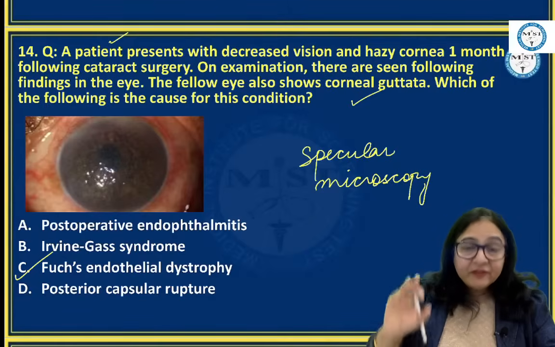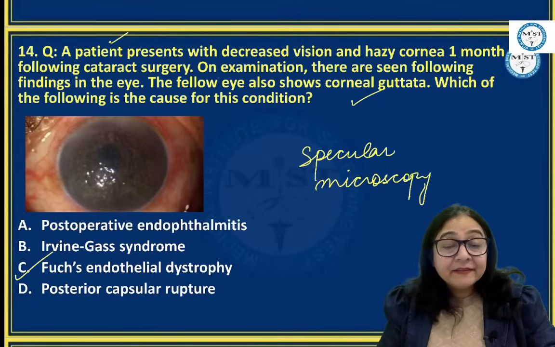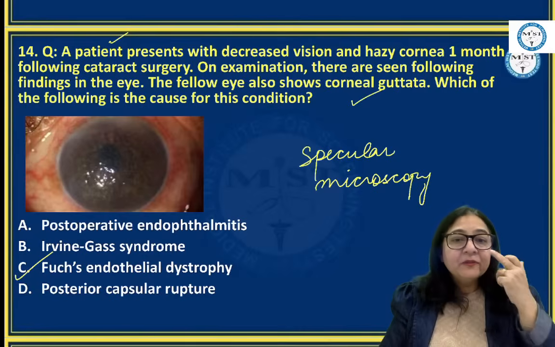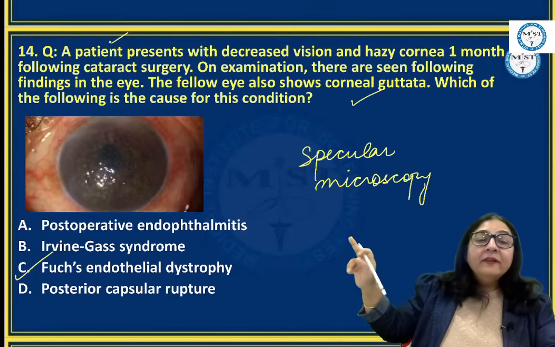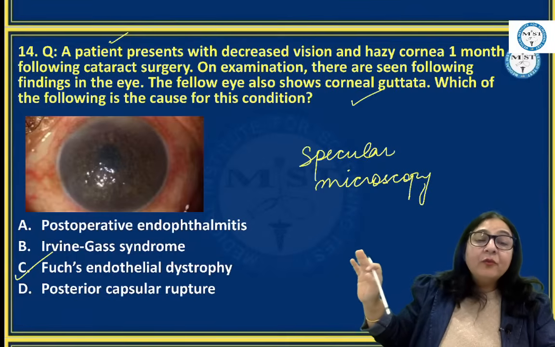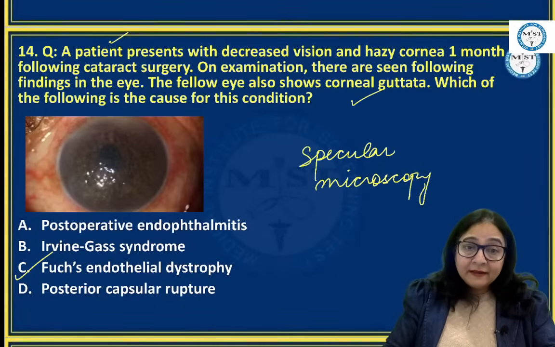In these patients, you should combine cataract surgery with corneal transplant. Now the other options: post-operative endophthalmitis, Irvine-Gass syndrome, posterior capsular rupture. Of course, they do not fit this criteria.